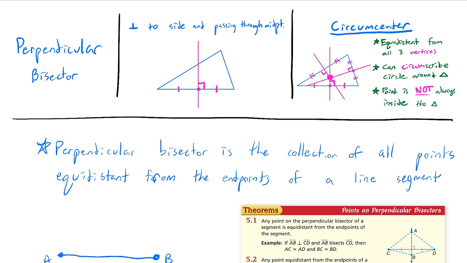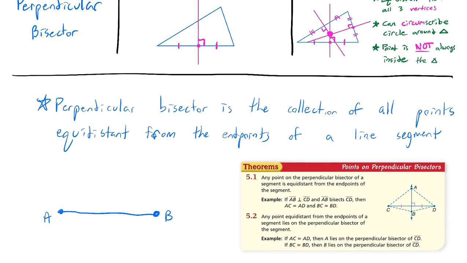Here's the big idea before we get to the point of concurrency: this theorem in the book, and we'll actually prove the forwards direction, that if it's on the perpendicular bisector, then it is equidistant. We'll prove that a few pages down.